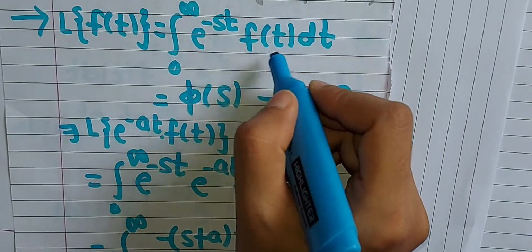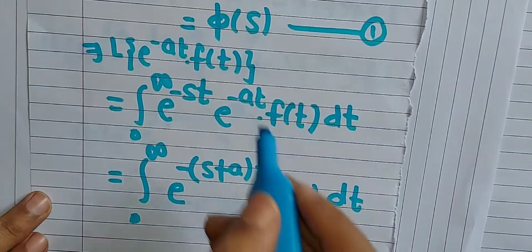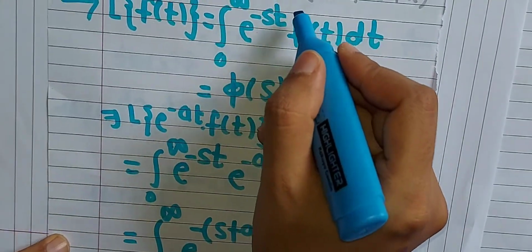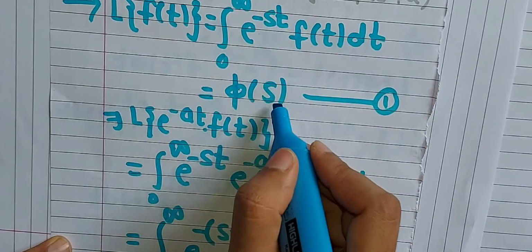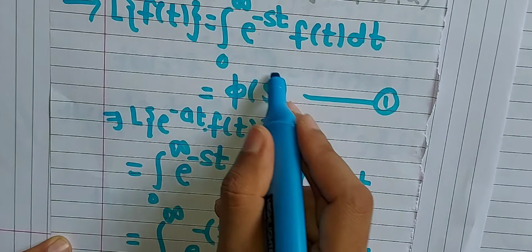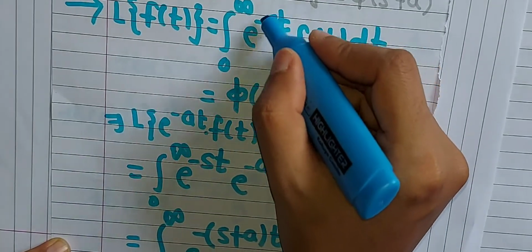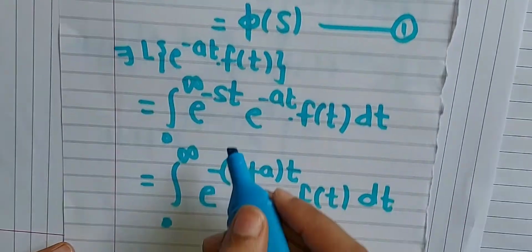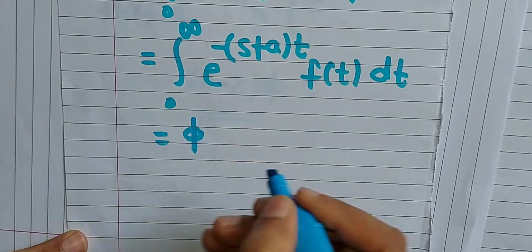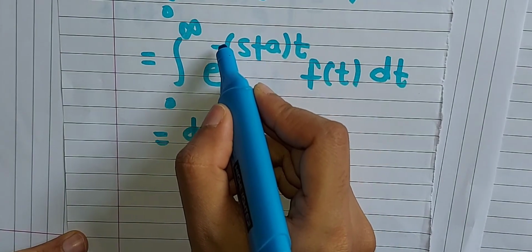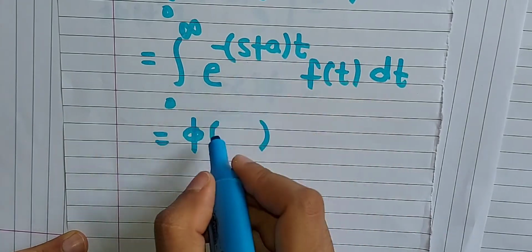When we have a minus sign, we can write it as a plus, therefore this integration can also be written as phi of s, with the coefficient of t, that is s plus a.